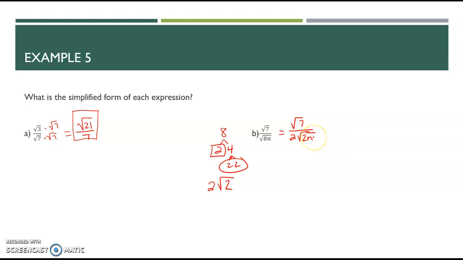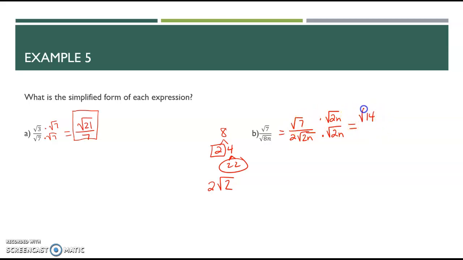Now, when I go to rationalize this, I'm not going to multiply by the 2 on the outside. I just want to get rid of this square root of 2n. So I'm going to multiply by the square root of 2n. And again, what I do to the denominator, I have to do to the numerator. And so what I end up with on top is 7 times 2 is 14.